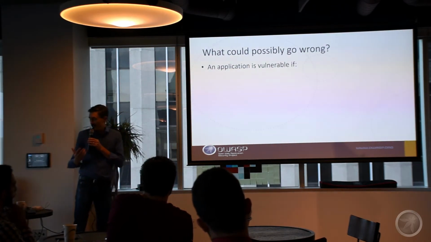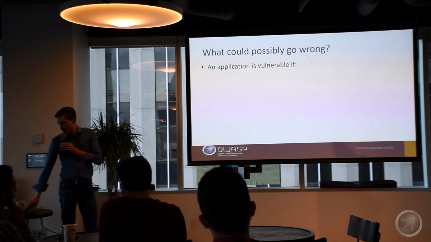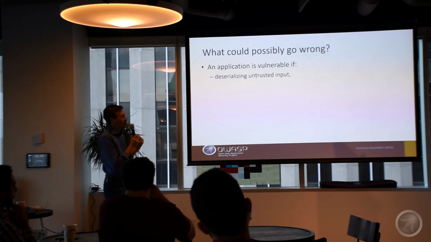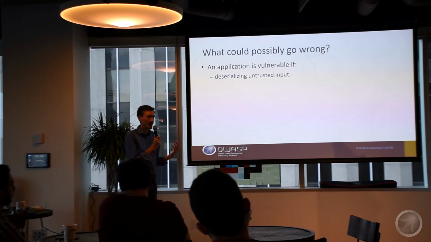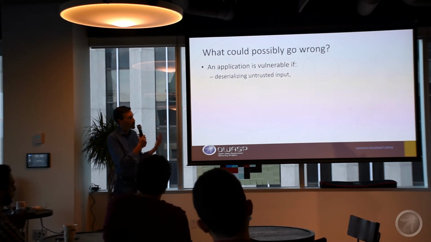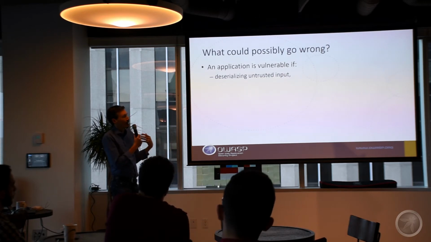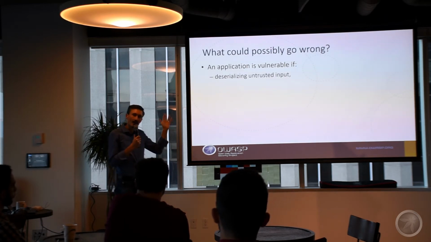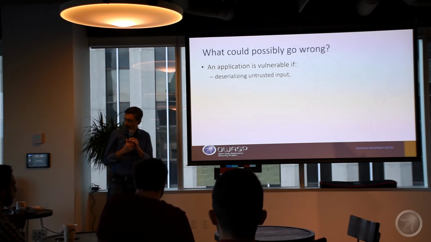So an application is vulnerable if it meets two criteria, right? First of all, you have to be able to send binary data to it so that you can control what you send, and the service or the web application must take that and process it and deserialize it, right? That's the part that can be automated, as I mentioned at the beginning.